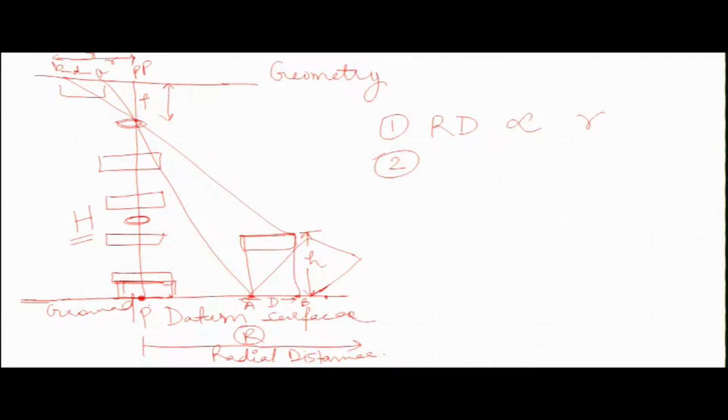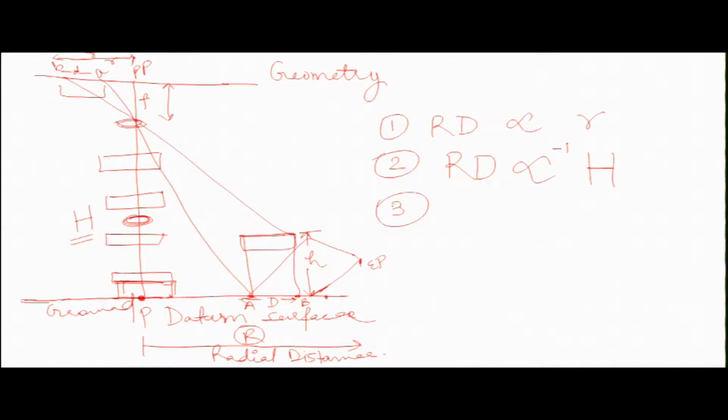It means that the radial distance of the end point of this building, suppose this is the end point, so the radial distance from the principal point to the end point of this building will increase as we move below, okay, as the altitude will decrease. So what it means that when altitude is decreasing, the relief displacement is increasing. So it is inversely proportional to your capital H.